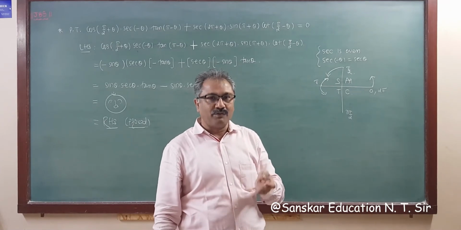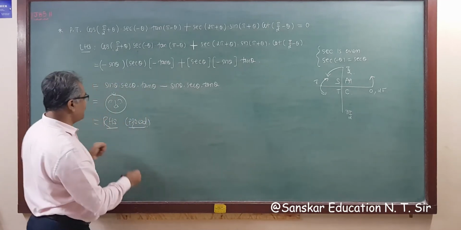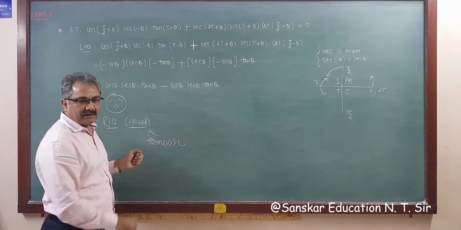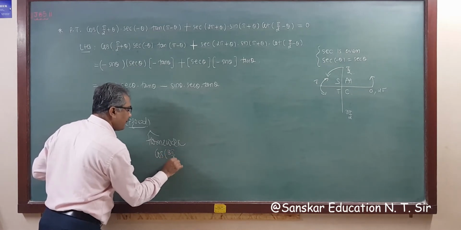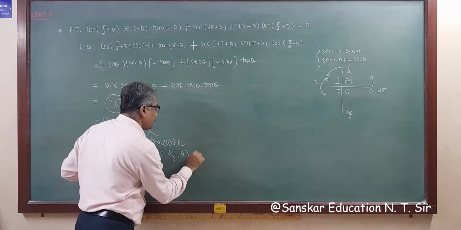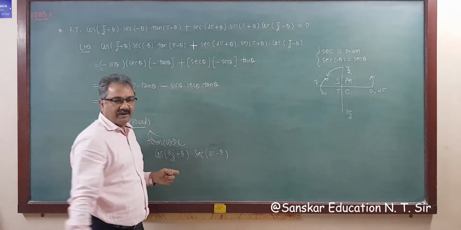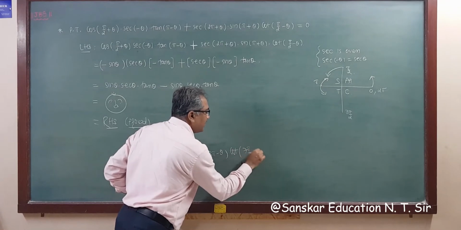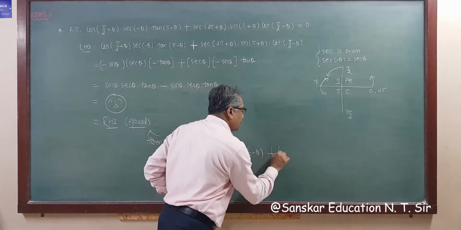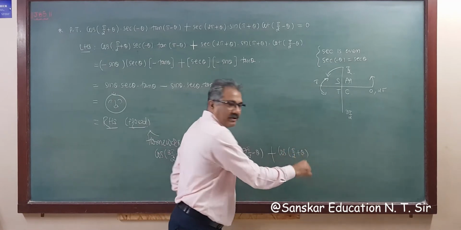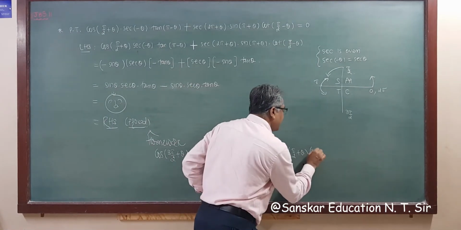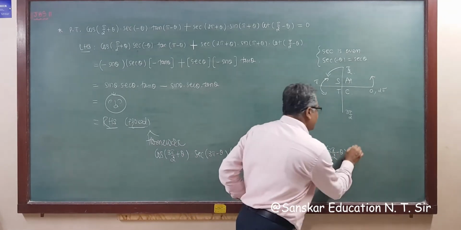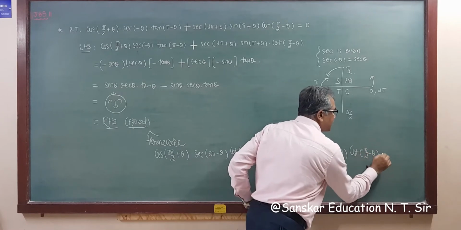For practice, I am giving you one more question as homework. Prove that cos(3pi/2 + theta) sec(3pi - theta) cot(7pi/2 - theta) + cos(pi/2 + theta) cosec(3pi/2 - theta) cot(pi/2 - theta) = 0.